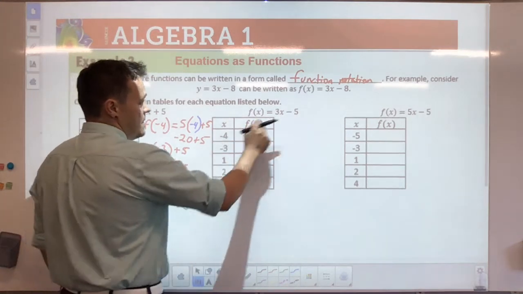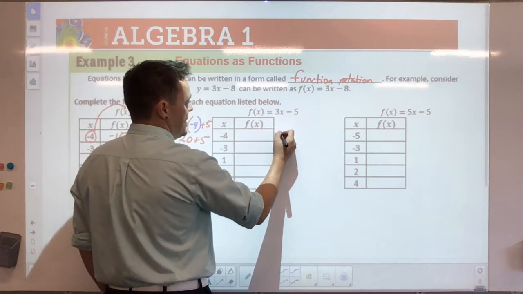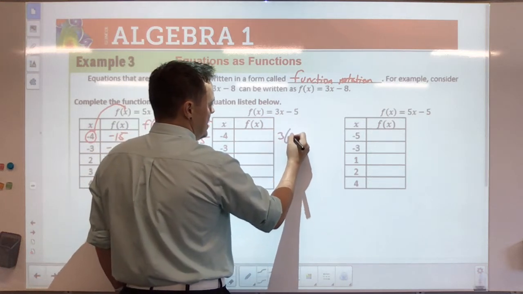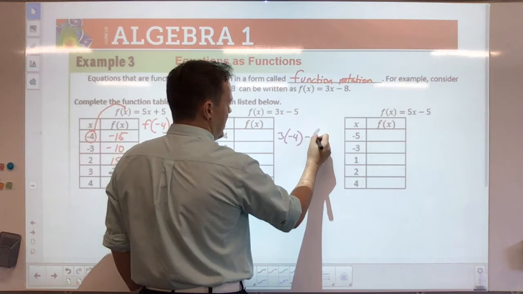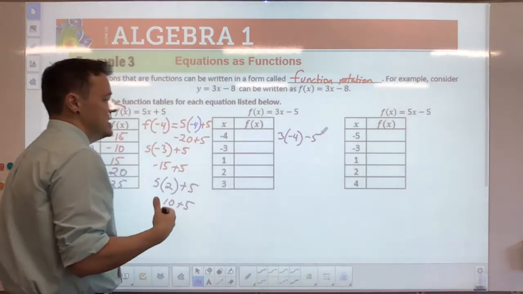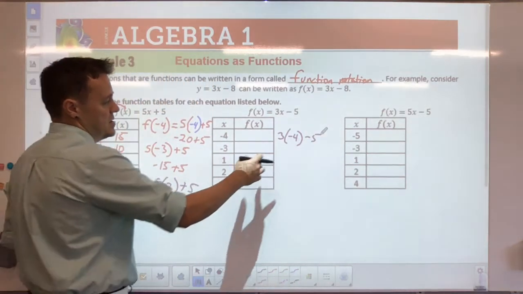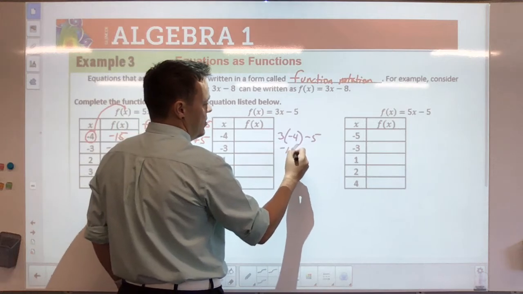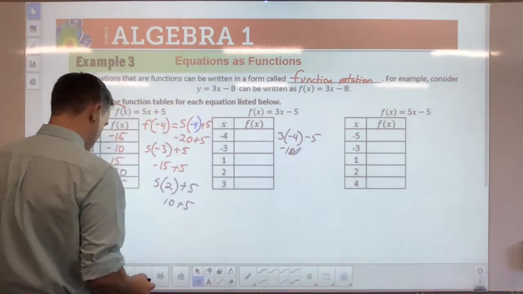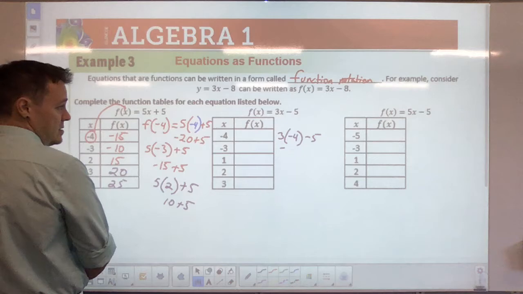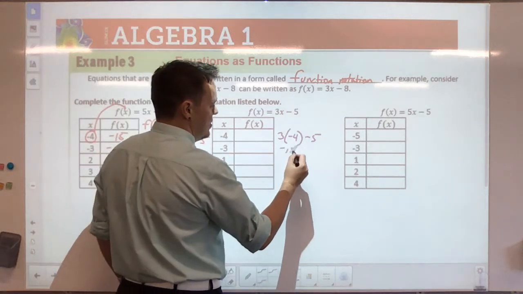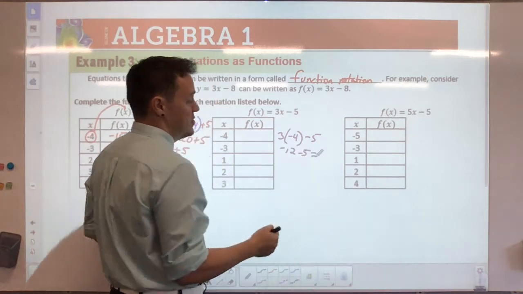Same thing over here. Plug in a -4, so f of -4, so it'd be 3, and now you put a -4 in there, minus 5, okay? So when you plug this in, -12. Hold on. Back up that train. All right, -12 minus 5. So you've spent 12.